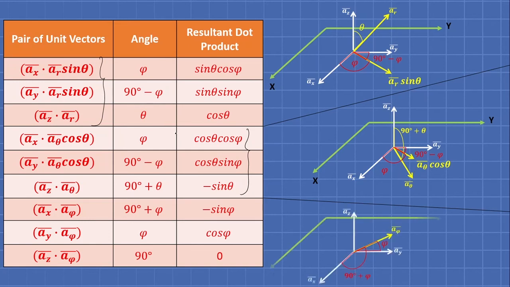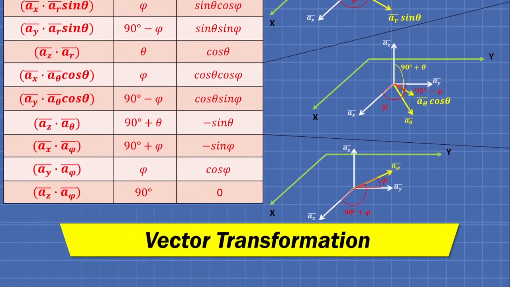And to determine the value of these 3 dot products we will consider this figure, in which we have taken the projection of A phi bar on the XY plane. So this is how we can simply explain the angles. There is no simpler method than this, believe me.